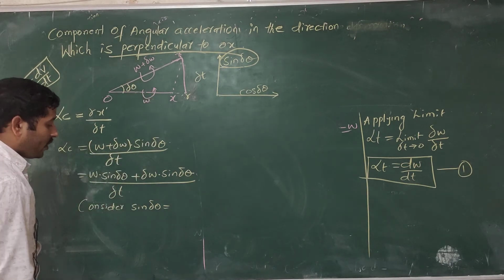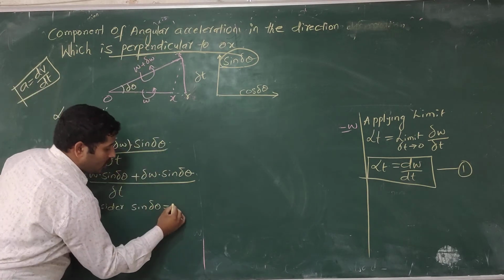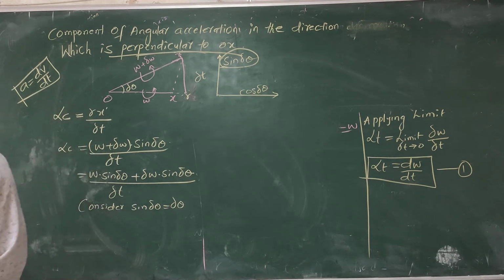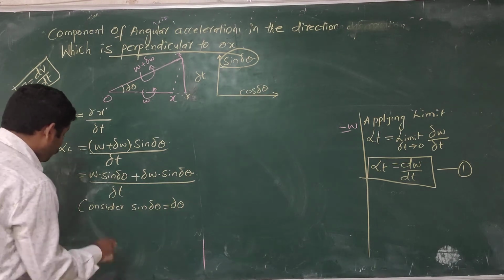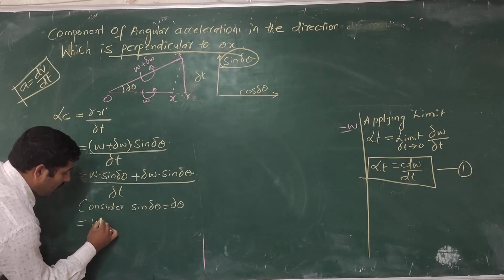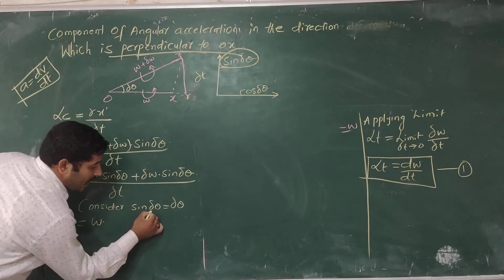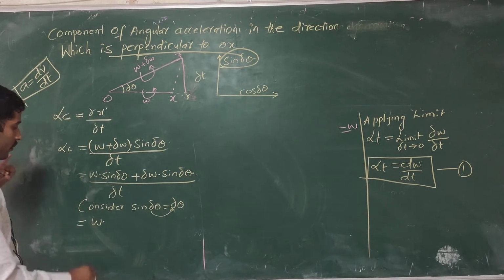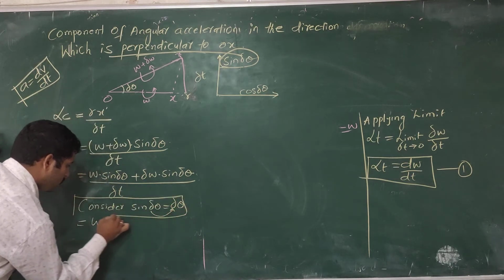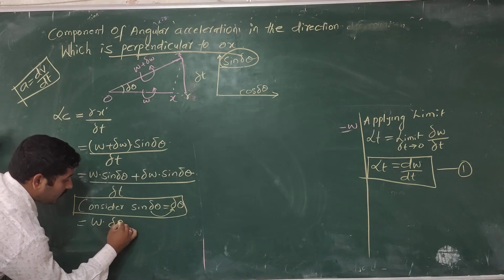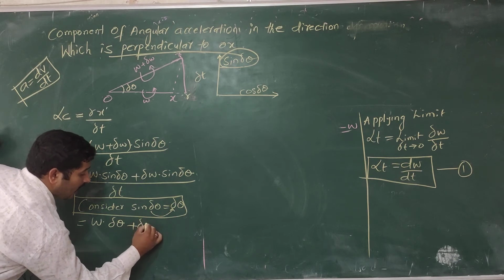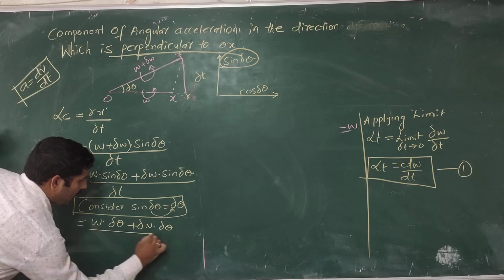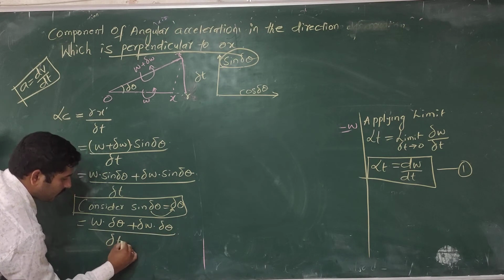So we can represent the vertical direction as delta theta. Okay dear, then wherever sin delta theta is there, you have to represent it as delta theta. So omega into delta theta plus delta omega into delta theta by delta t.